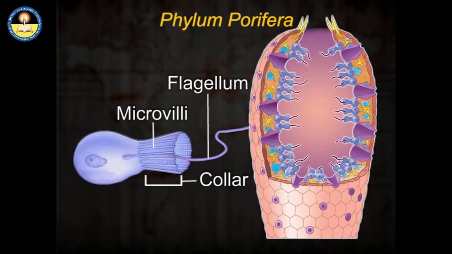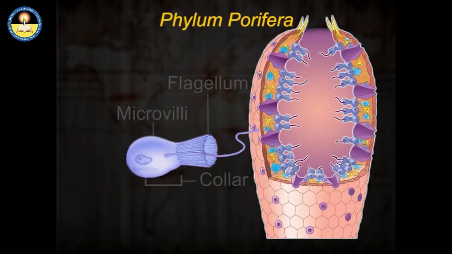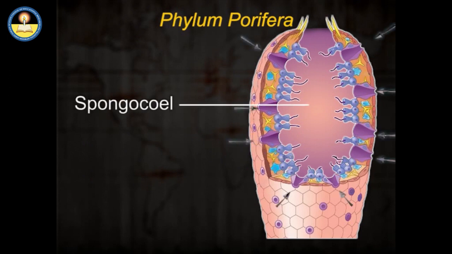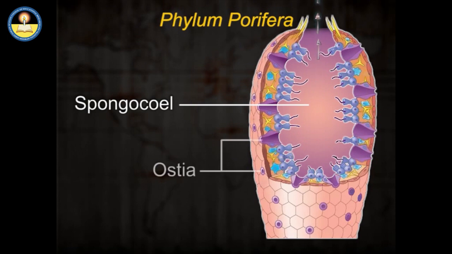Their flagella beat to create the active pumping of water through the sponge. Water enters its cavity, spongocoel, through numerous openings called ostia and escapes out through the larger openings known as osculum.